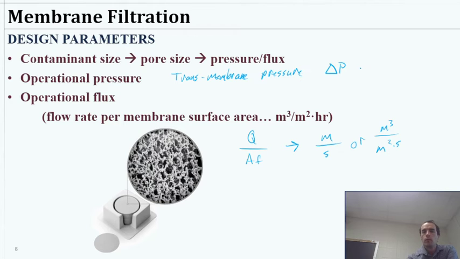So this would be pressure in the feed minus pressure in the permeate. That's the driving force giving us that effort to have water go through the membrane.